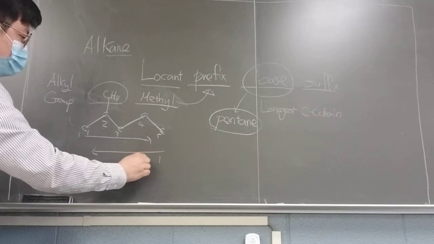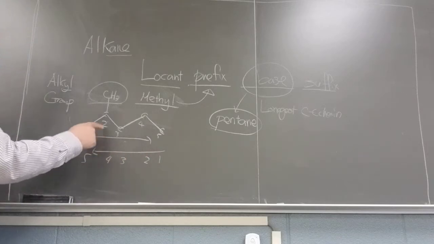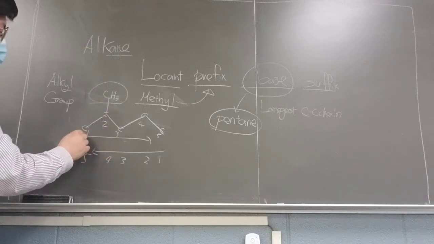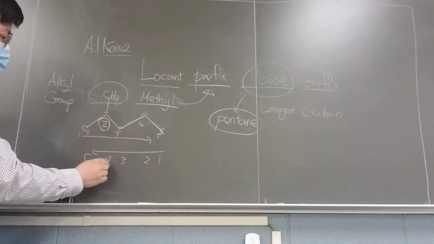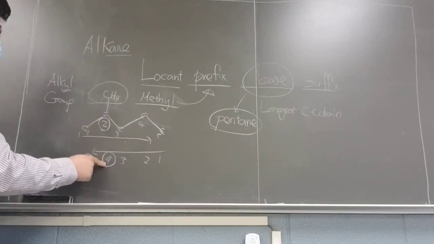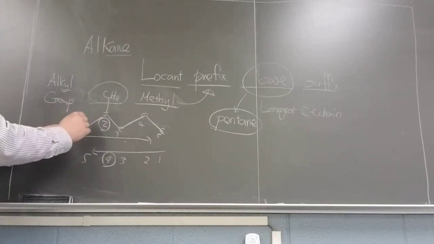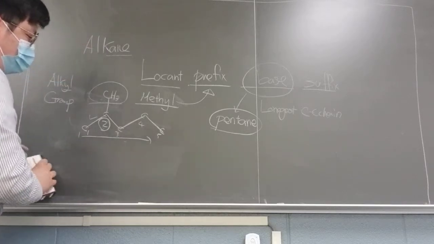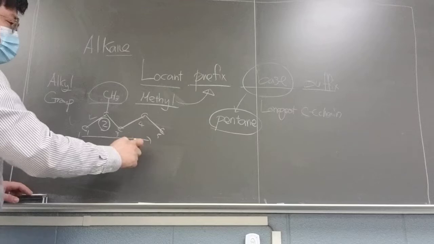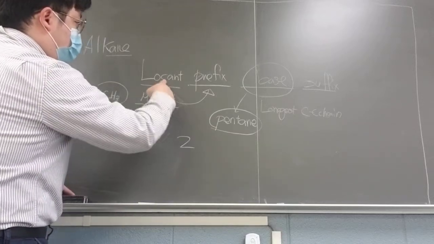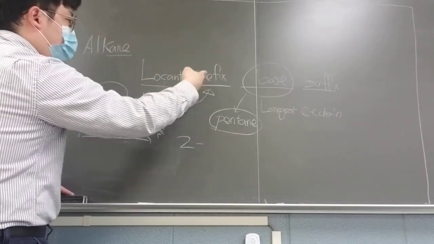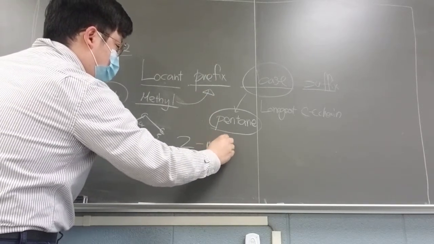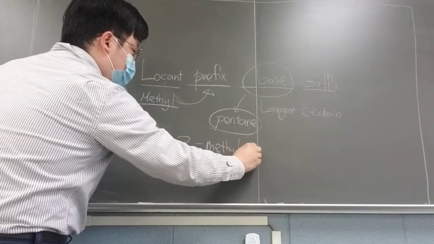If you do the other way, actually carbon 4 will have a group either way. It's fine. But whenever you have a choice, either carbon 2 or carbon 4 will have this group, we always go with the lower number. So this is why at this time we're going to count from left to right, so you can have a lower number, which is 2, which will be a locant. This indicates where your prefix is. So it's 2 methyl pentane.